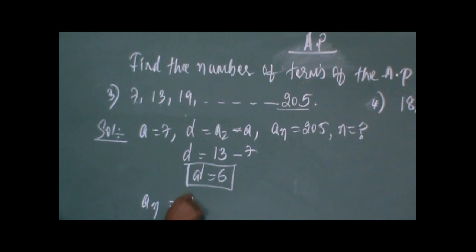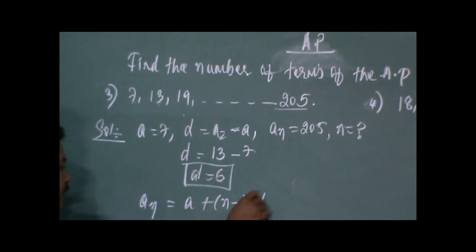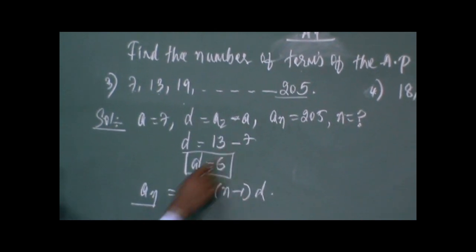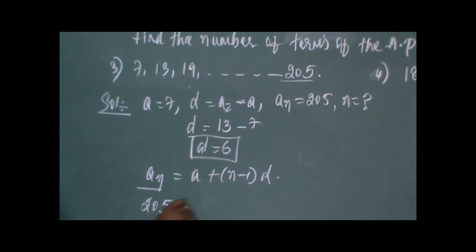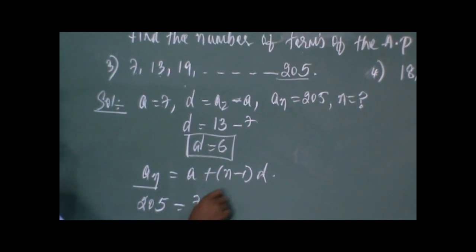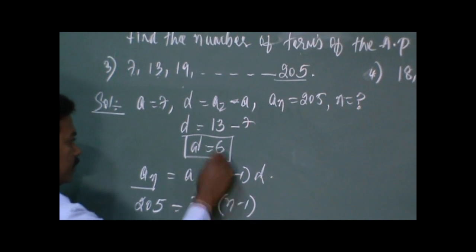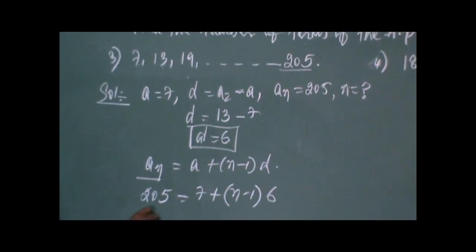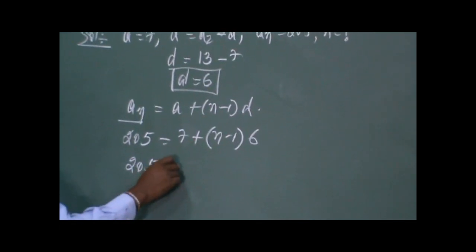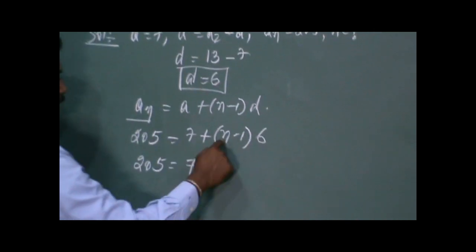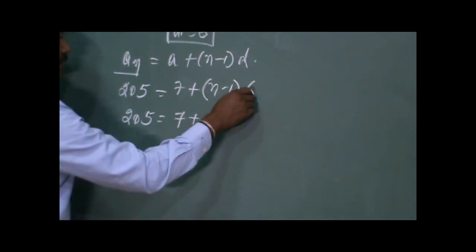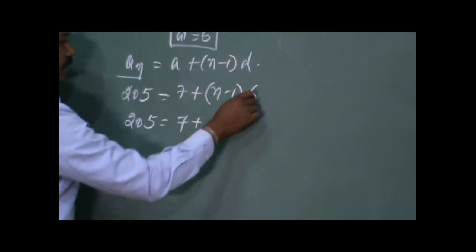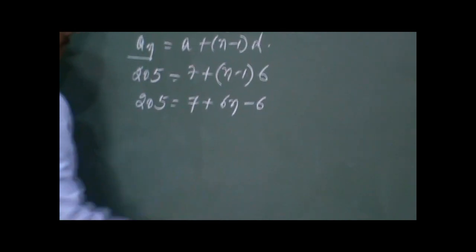So AN is equal to A plus N minus 1 into D. Nth term 205 is equal to A which is 7 plus N minus 1 into D which is 6. So 205 is equal to 7 plus, multiply this binomial by 6. 6 into N is 6N. 6 into minus 1 is minus 6.